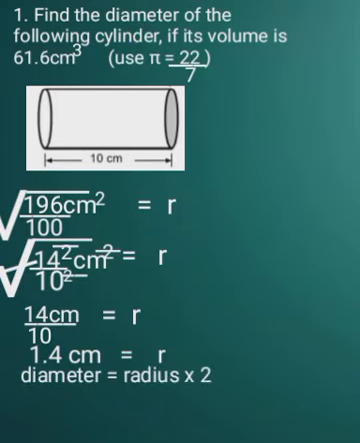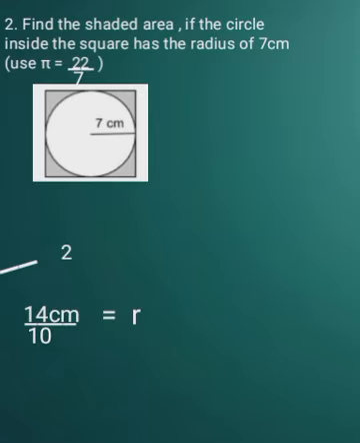So here we take 1.4 times 2, you will get 2.8. So the correct answer here is 2.8 centimeter. The diameter of this cylinder is 2.8 centimeter.